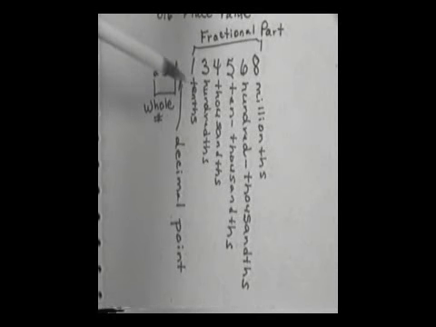Now let's look at the different places. The first place is tenths. Notice the T-E-N-T-H-S. We don't have a ones place. The ones place was over here, and the tens and the hundreds.